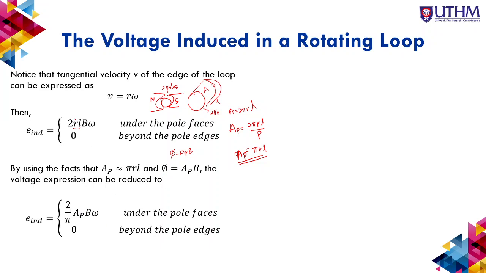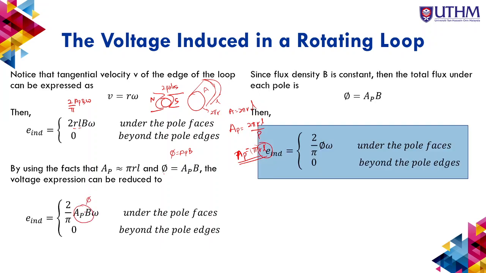We have 2 and then AP, B, omega divided by pi, because AP is pi RL. When we divide by pi, we get back the RL. Then we have APB, which we can replace with the flux.